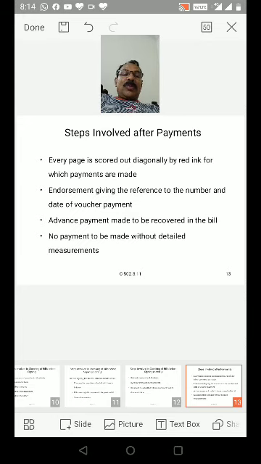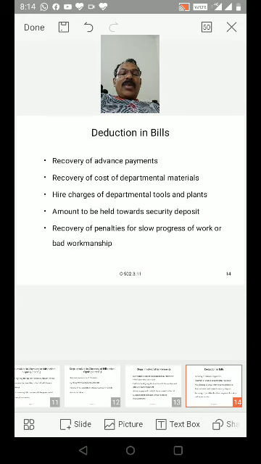Deductions in bills: recovery of advance payments, recovery of cost of departmental materials, hire charges of departmental tools and plants, amount to be held towards security deposit, and recovery of penalties for slow progress of work and bad workmanship.